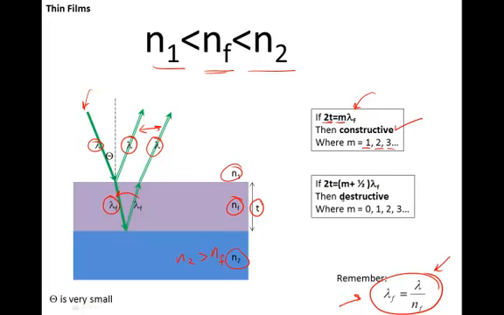And then we would get destructive interference if twice the thickness is equal to m plus 1/2 times the wavelength in the film, where m is equal to 0, 1, 2, 3, and so on.